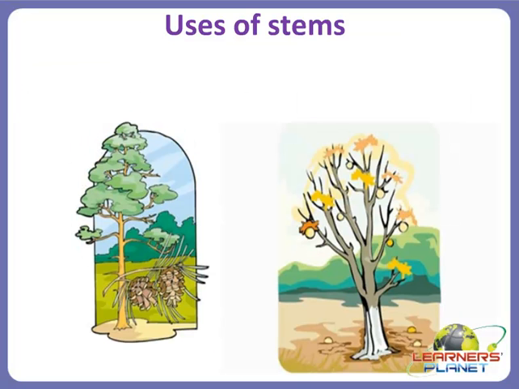So children, now we will study about the uses of stems. So children, the first use of stem is that the stem keeps the plant upright and straight. So children, you can see in this picture that the stem keeps the plant upright and straight.